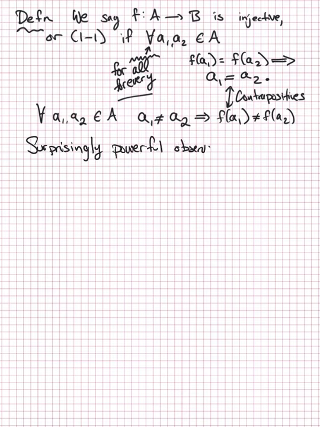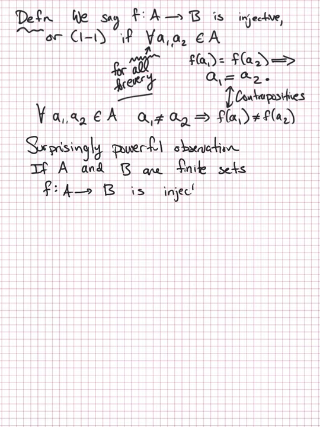Which I won't even formally prove yet. But let's suppose A and B are finite sets. So we can just list their elements. And suppose that I give you the fact that there's a function from A to B which is injective.